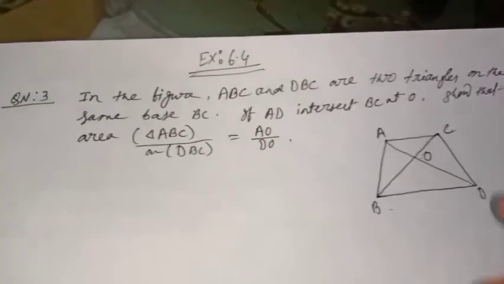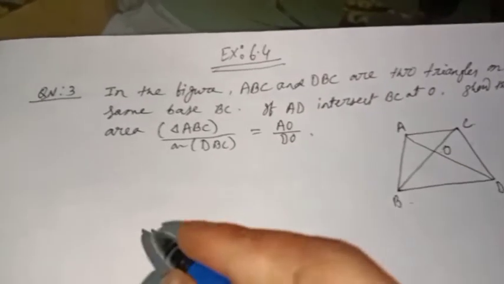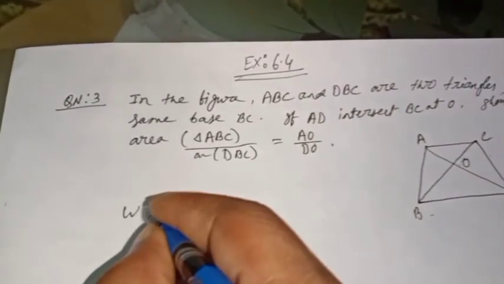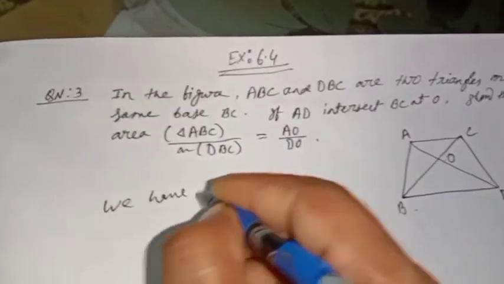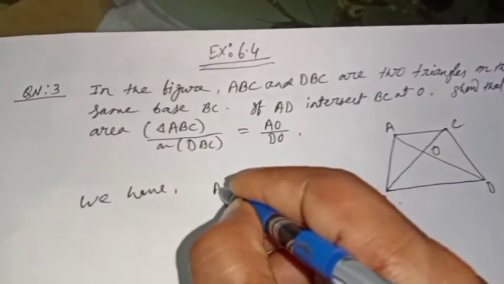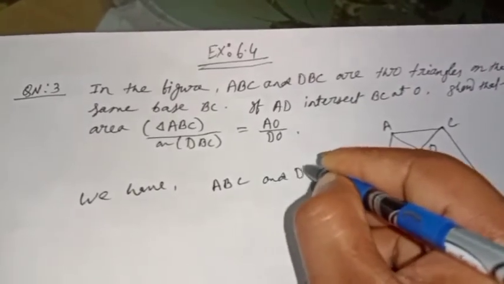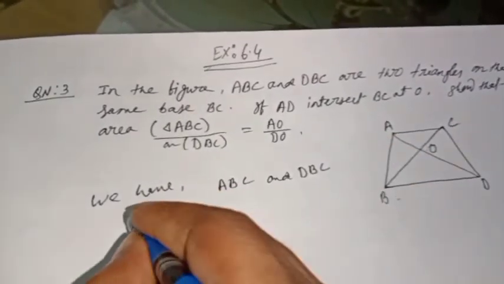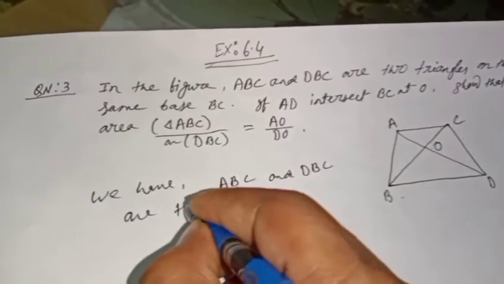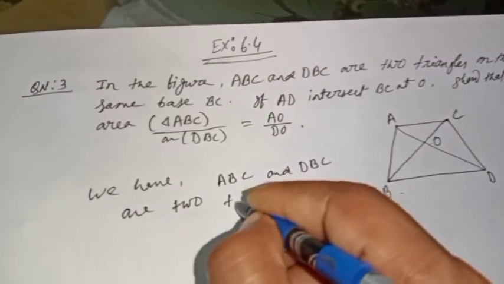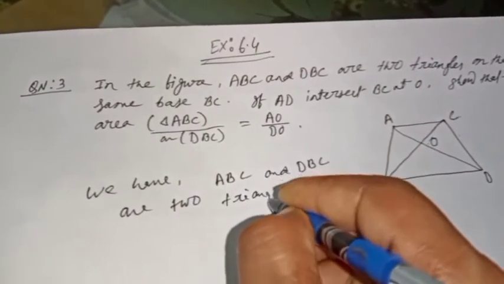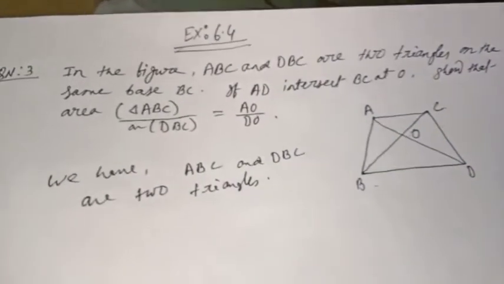Understood? See, here you write first, we have ABC and DBC are two triangles. Clear?